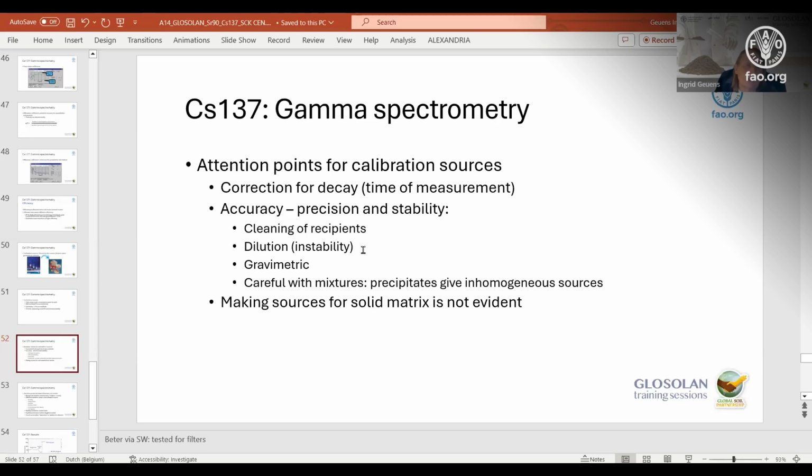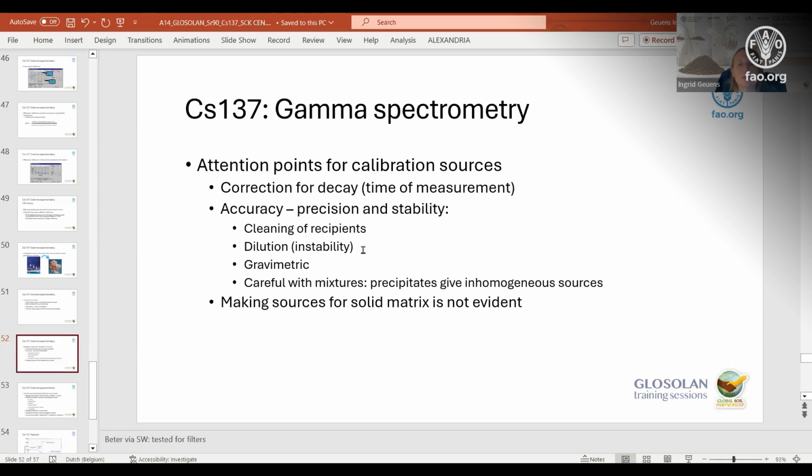We always work in a gravimetric way, not just in a volumetric way, but in a gravimetric way. And we're very careful with mixtures, because you didn't do any separations.